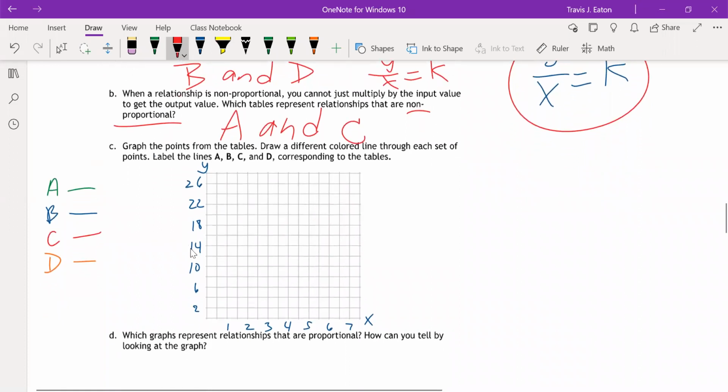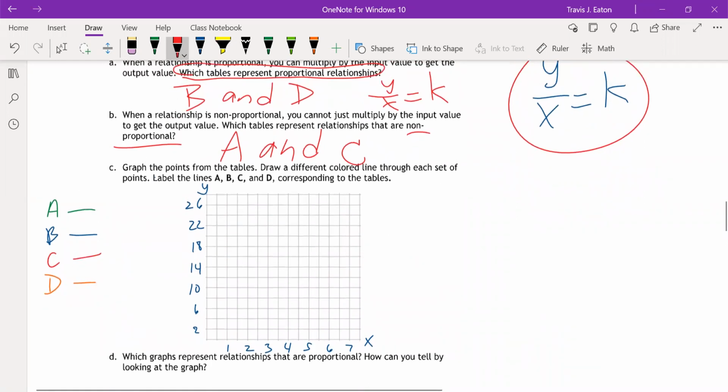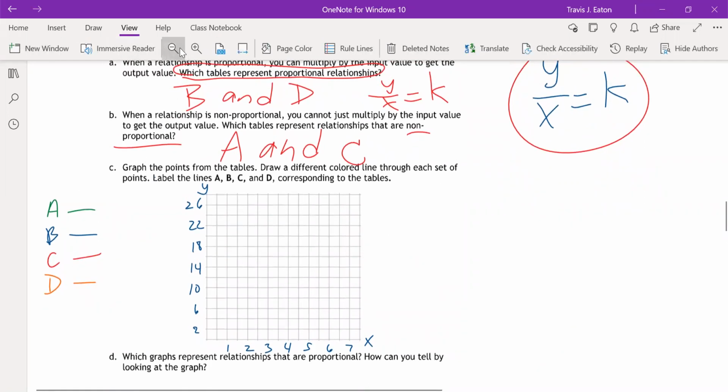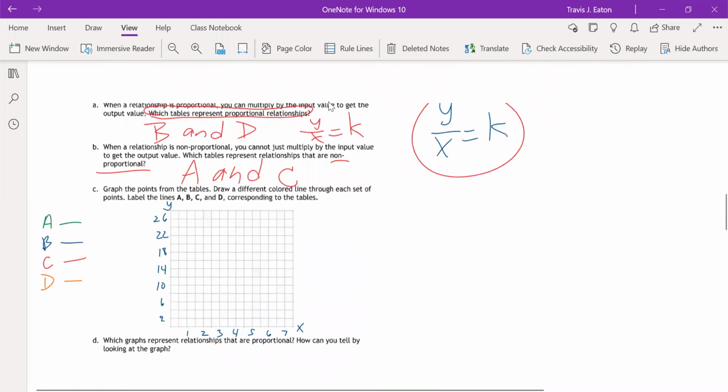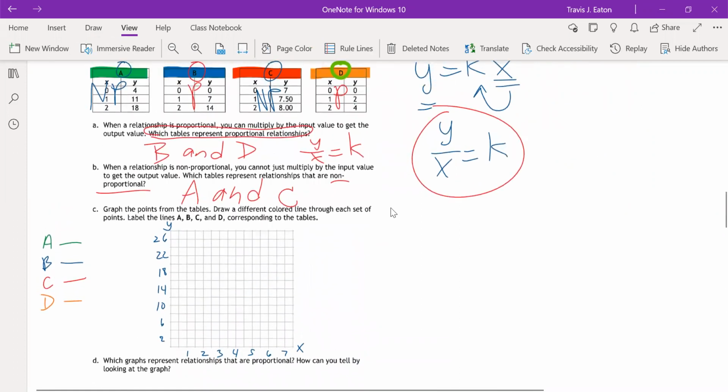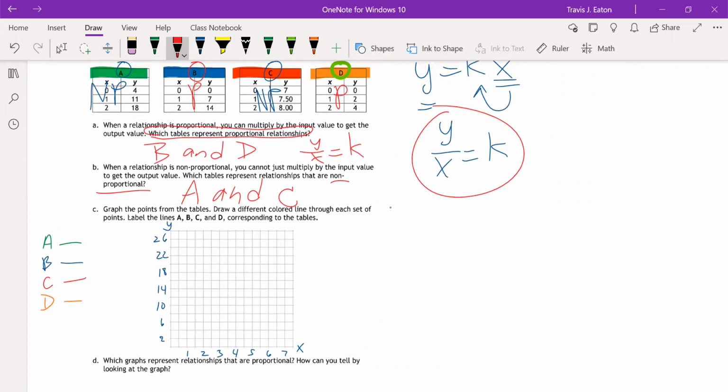And we'll take a look here. I'm going to have to shrink my view down just a little bit so I can see the table and the graph at the same time. There we go. Got it. And I will switch and use my mouse, which will be a little bit easier.